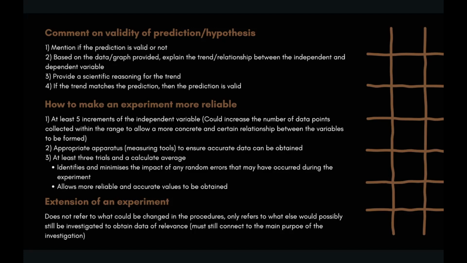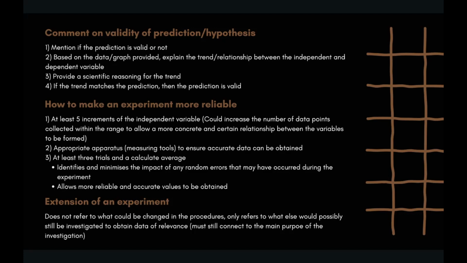And then sometimes they'll ask you to give an extension of an experiment. This is usually just 1 mark. They don't really expect you to explain beyond that. But one mistake people commonly make is that they mention changes that could be made in the procedures to make the present experiment better.